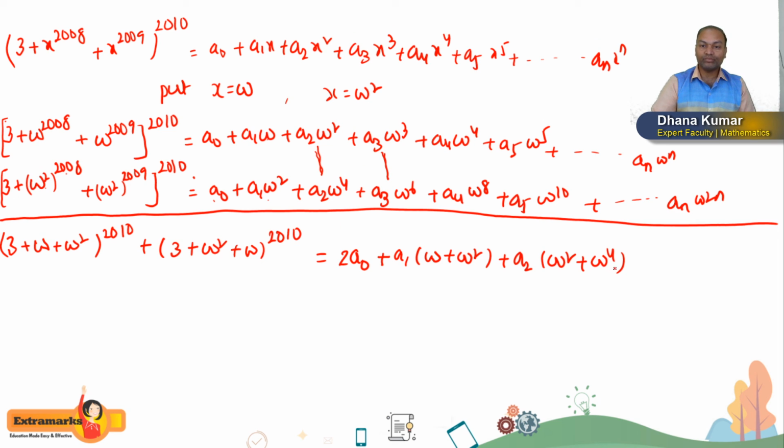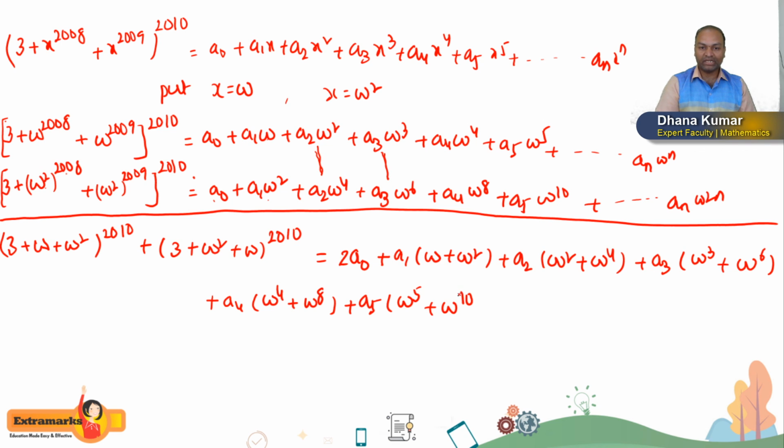In these two common term a3, a3 common, omega cube plus omega power 6. In these two common term a4, remaining omega power 4 plus omega power 8. Okay, a5 common, omega power 5 plus omega power 10 plus so on, last term. Fine. Now let us see here simplification.